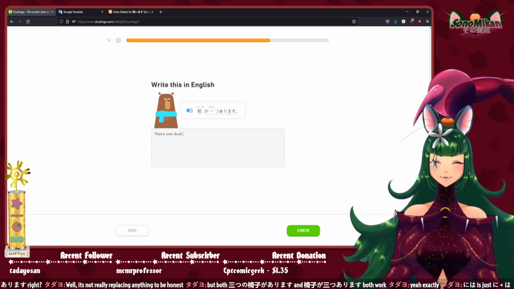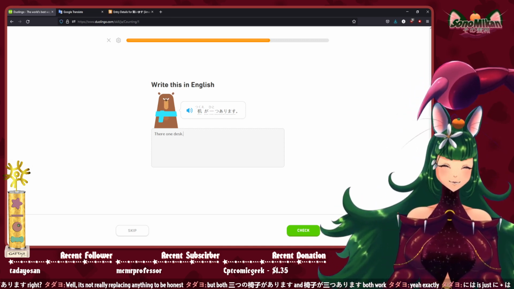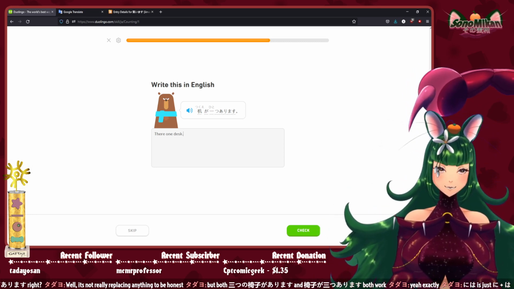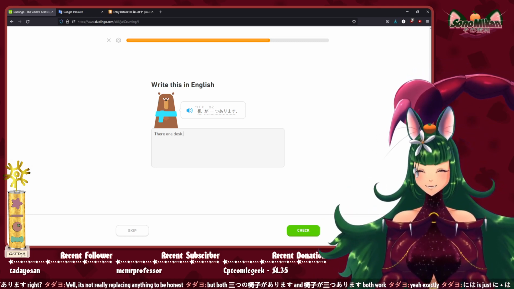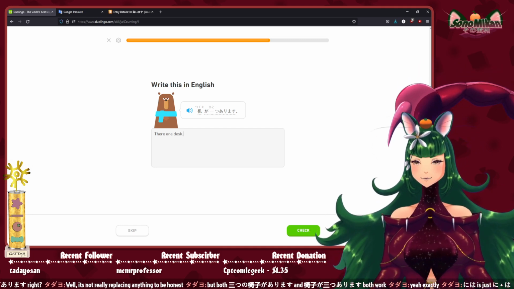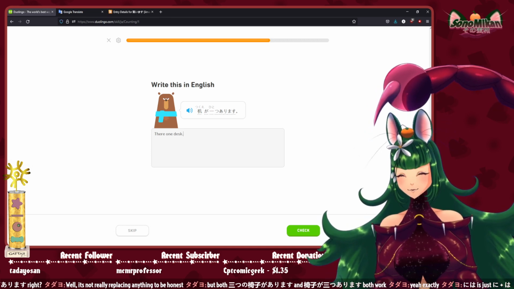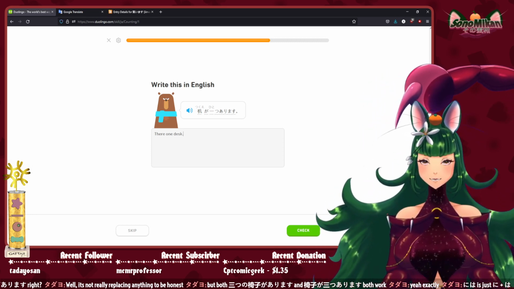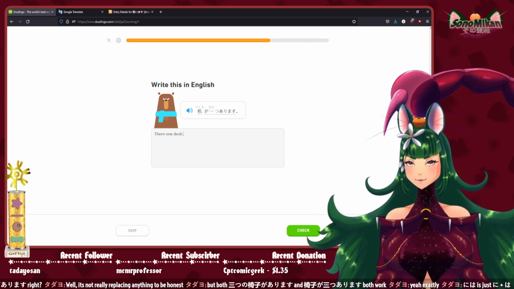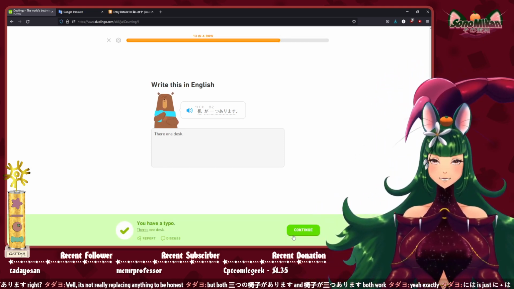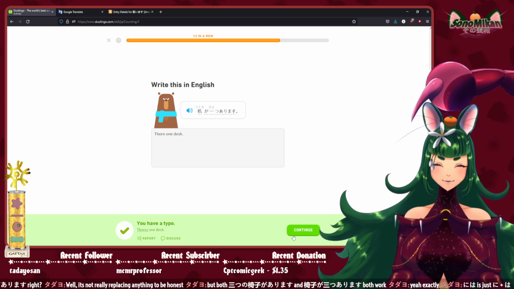Itsu no tsukue ga arimasu would also be correct because the "no" is just indicating that the itsu is regarding the desks. Or the desk, because it's one desk. Okay. We're learning.